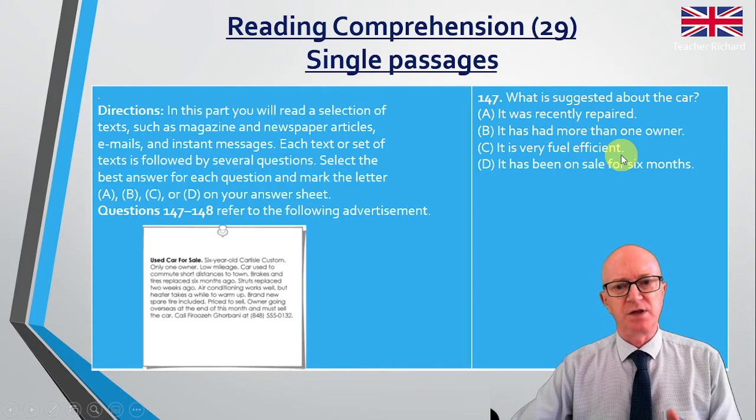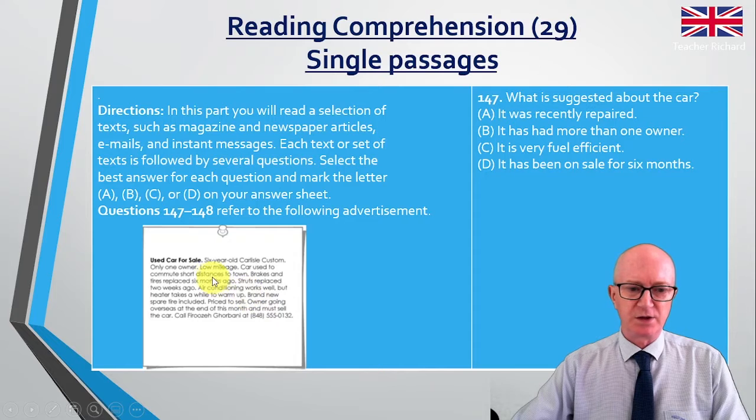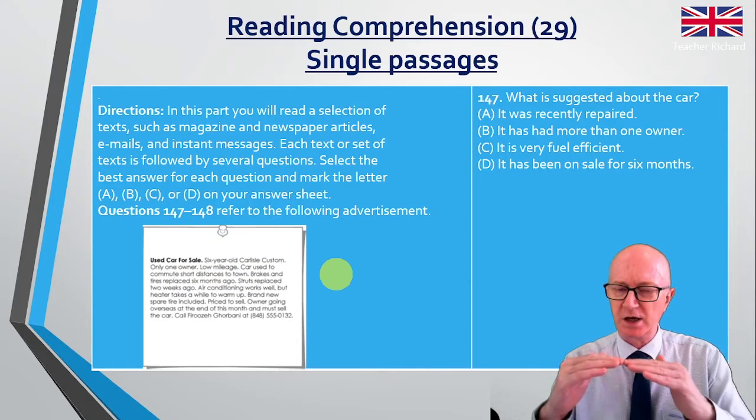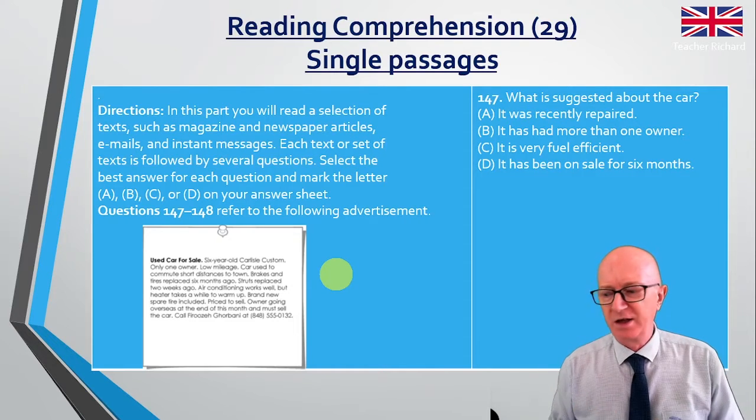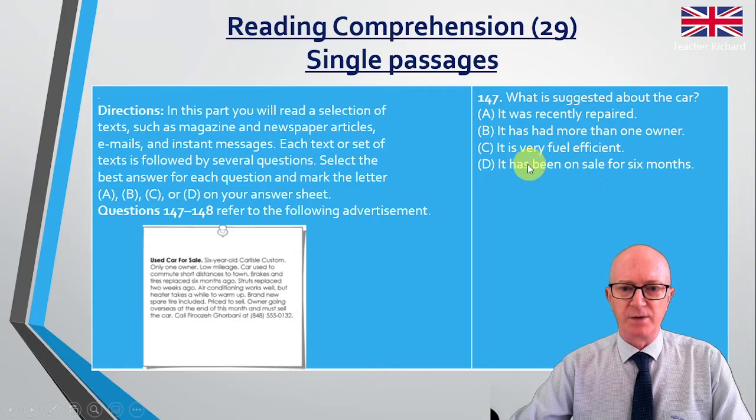Now this question is a bit tricky because in the notice it says low mileage. It also says car used to commute short distances to town. The car's mileage is kind of low. It's been used around the town. It's not been driving across country on long distances. However, fuel efficiency and low mileage have different meanings.